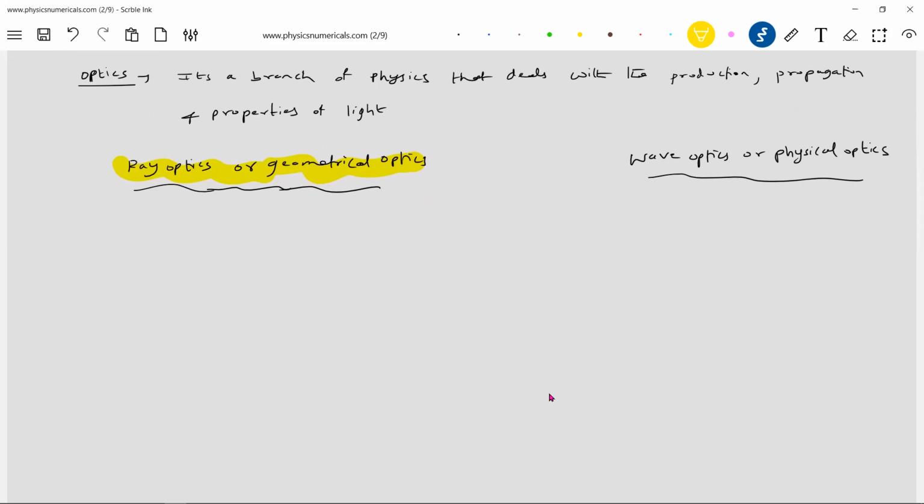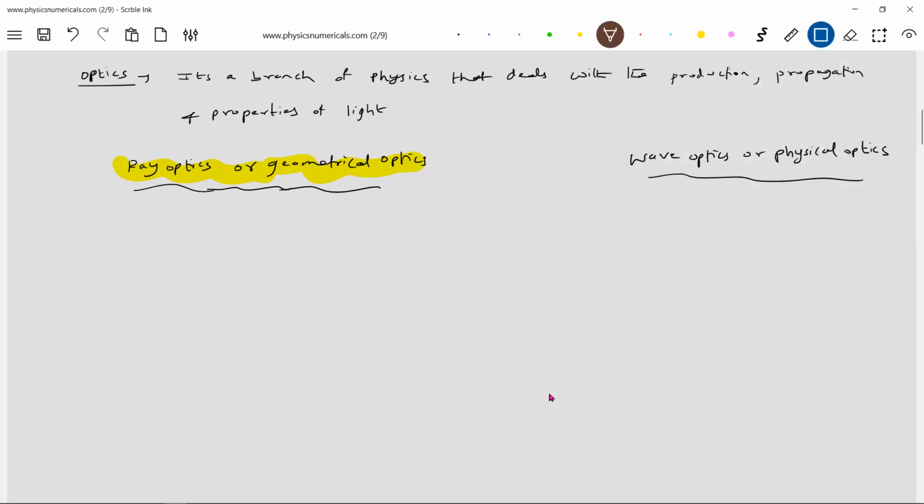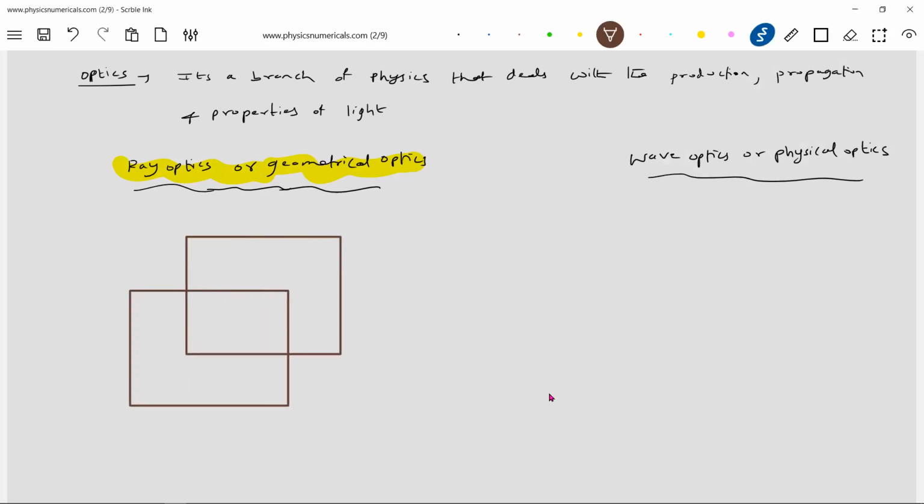So let there be a source of light. I'll do one thing. I'll take a wooden box. Okay, there's a wooden box. At the center of the wooden box, let me keep a source of light.